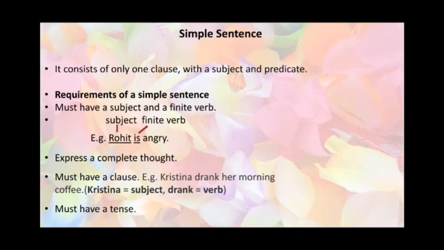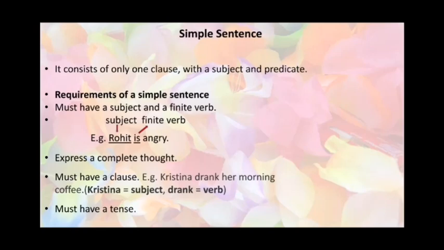For example, Rohit is angry. So children, if you look at this sentence, you will see that Rohit is the subject and is is the finite verb. A finite verb is a verb that is directly related to the subject. So we must have a subject and a finite verb in a simple sentence.